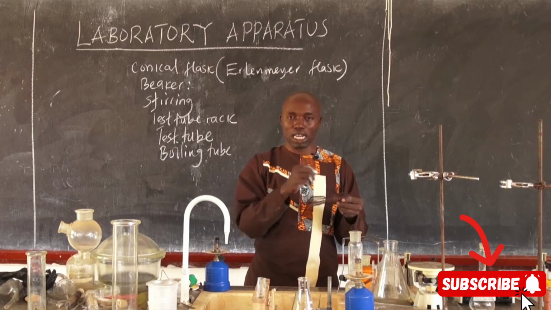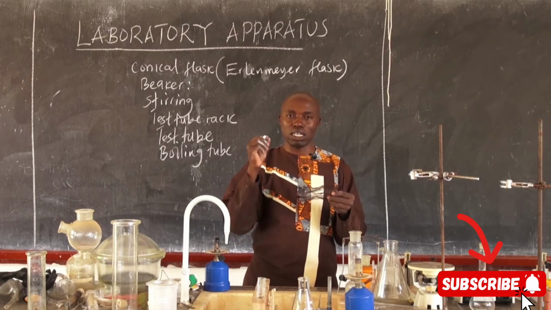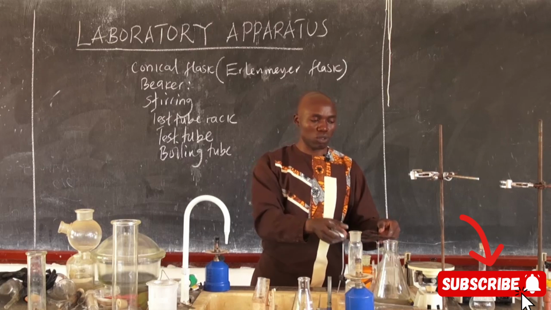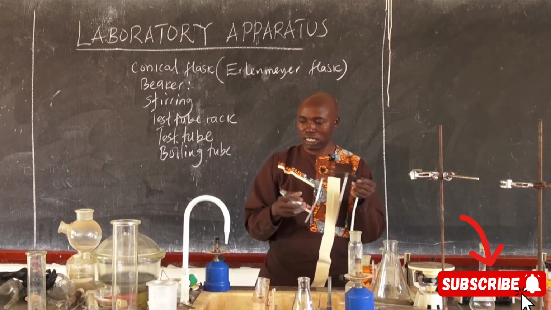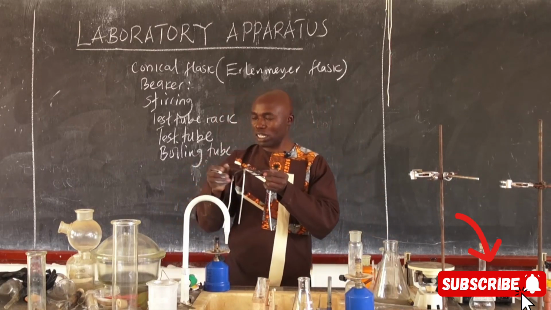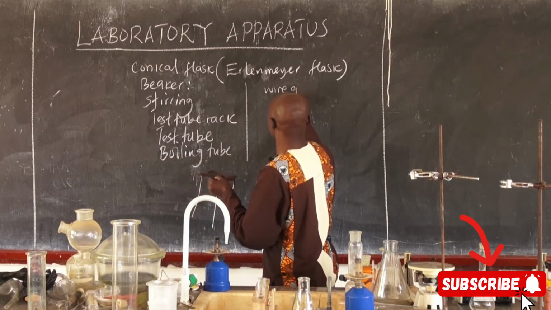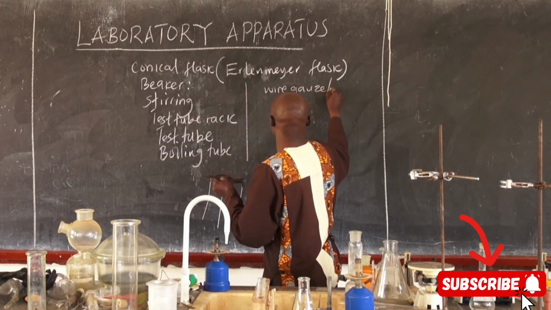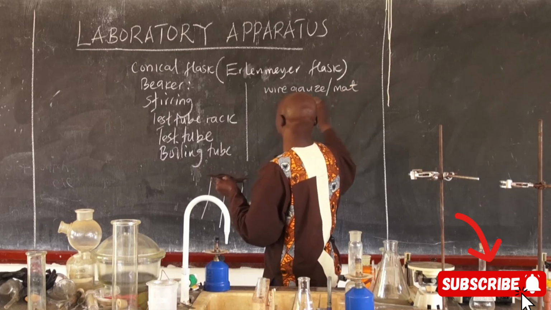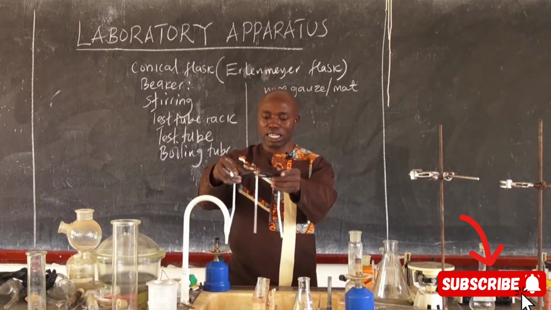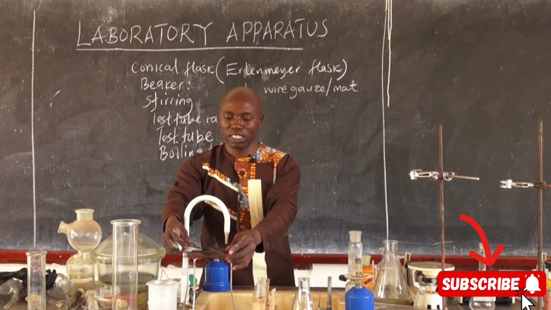We can also add an additional apparatus called a pipe clay triangle for seating apparatus which normally don't have flat bases. So this is done. So I've talked again about wire gauze or wire mat for supporting other apparatus like beakers, like Meyer flasks during heating experiments.